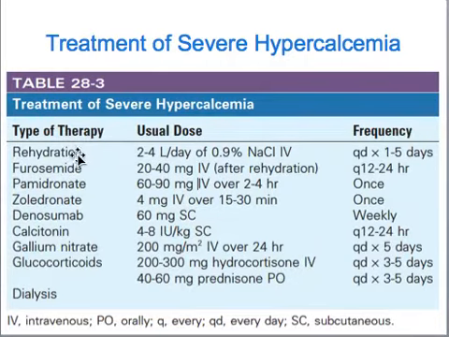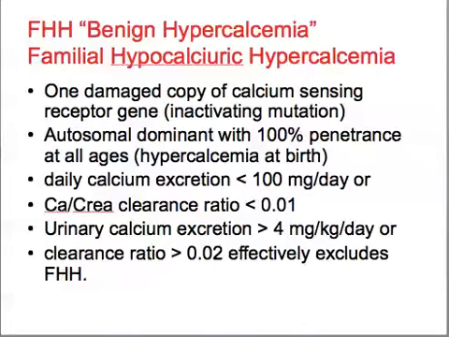If it's still not working, the calcium level is still very high, we can give pamidronate, zoledronic acid, or even denosumab. Of course, the doses for your anti-resorptive drugs will be much higher compared to the doses that we usually give for osteoporosis. Calcitonin in the form of spray can also be given as an adjunct in patients with severe hypercalcemia.